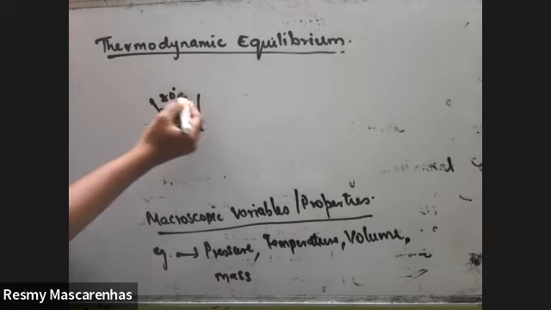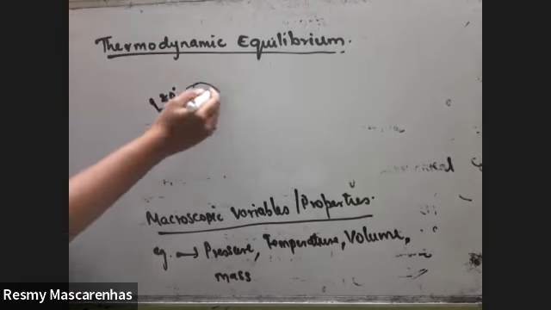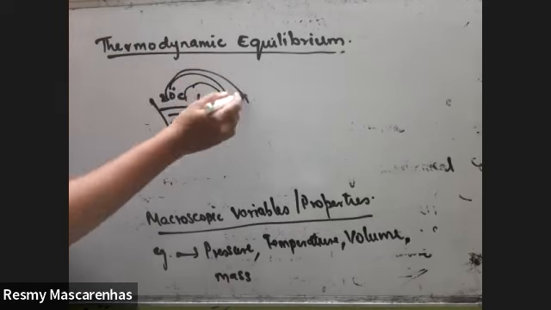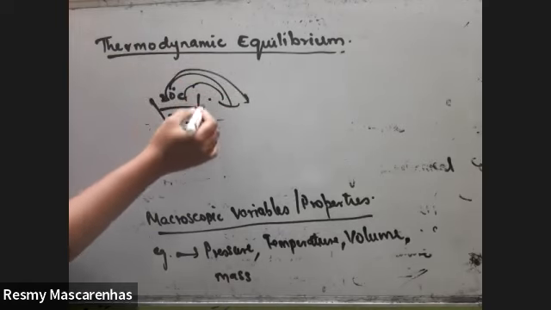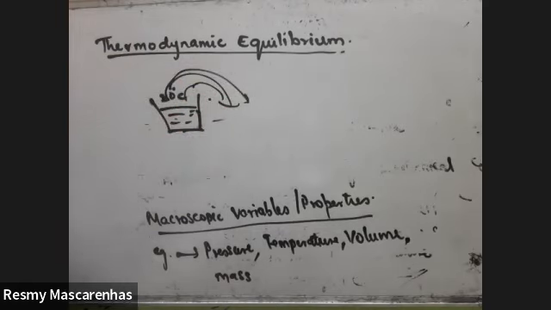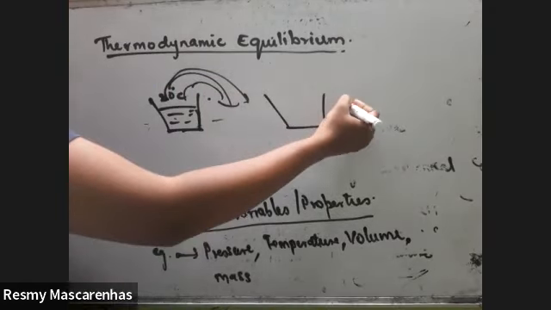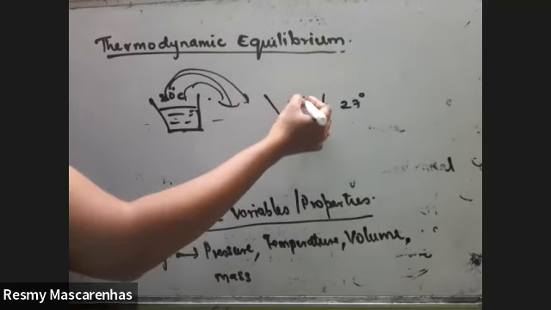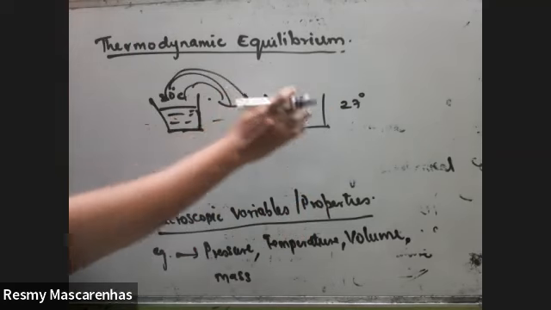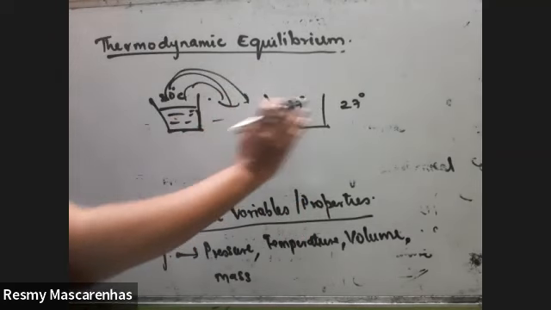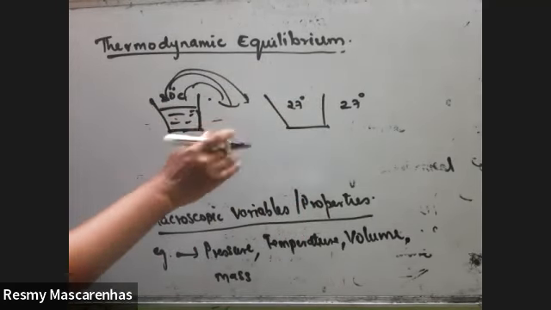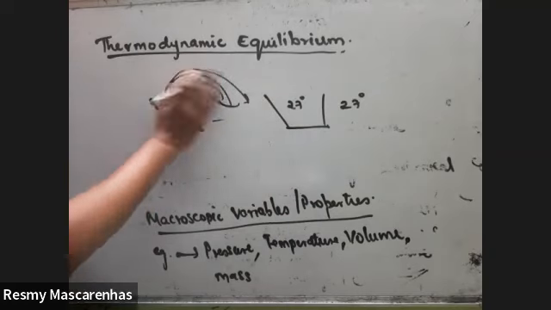Obviously, if it is left open without any insulating wall, slowly the heat will get transferred outside, and it will come to room temperature. If room temperature is 27 degrees, the tea will also come to 27 degrees Celsius. Till then, all the energy will keep flowing out.